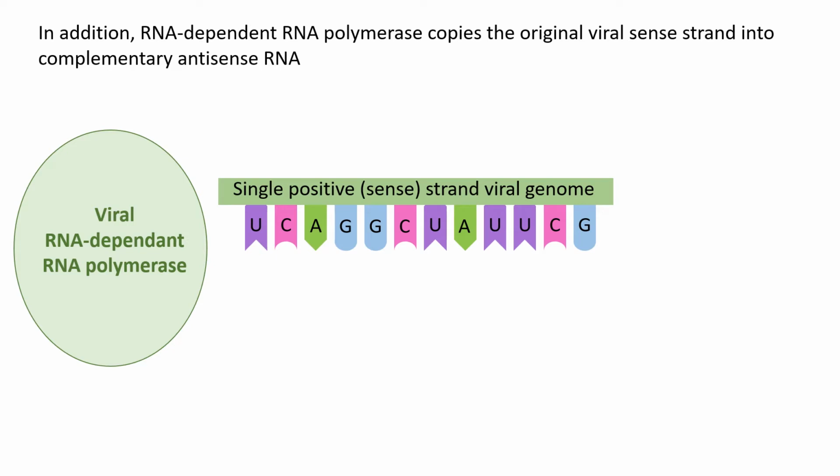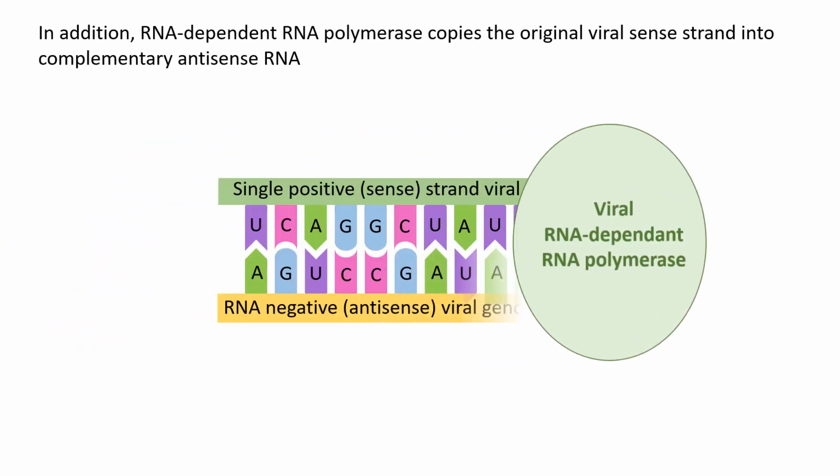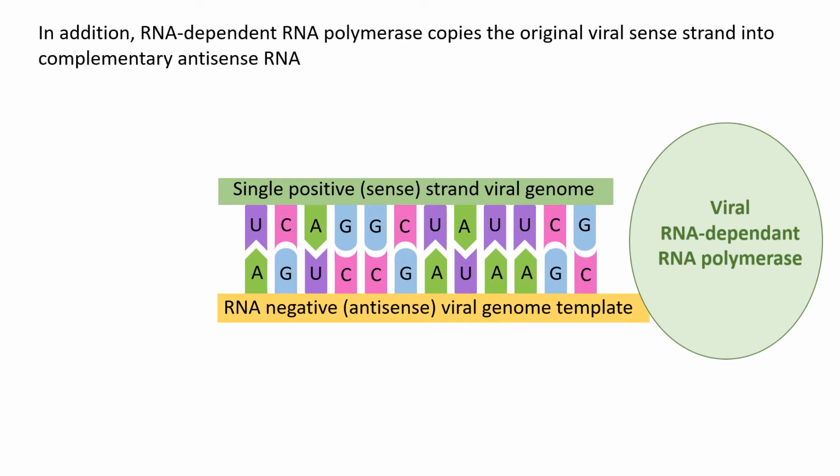This is the viral template, if you like, to make more sense strands. So the viral RNA-dependent RNA polymerase works its way through the single positive sense viral strand, and it makes this antisense template by pairing ribonucleotides.